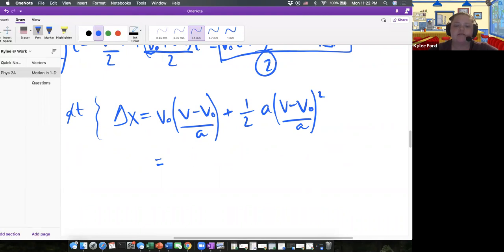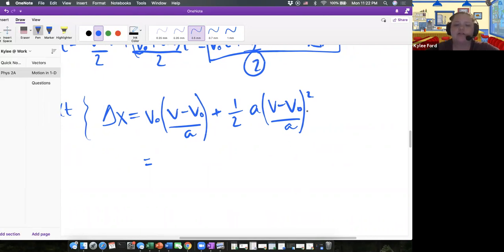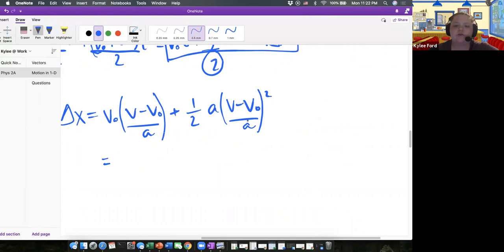I'm going to leave this in this form for a second here and figure this guy out over here. So I've got a 1 over 2. A divided by a squared is going to be an a on the bottom. This guy squared is going to give me v minus v naught times v minus v naught.